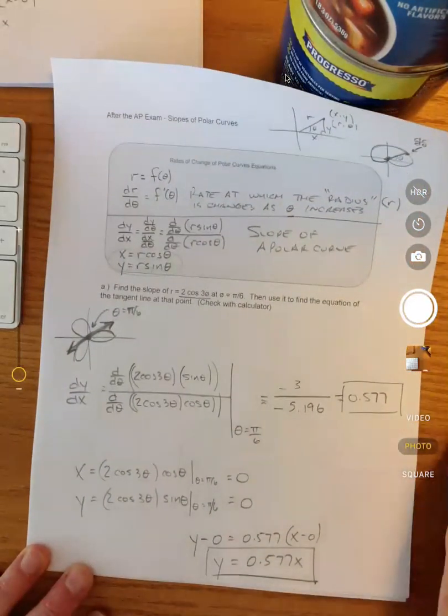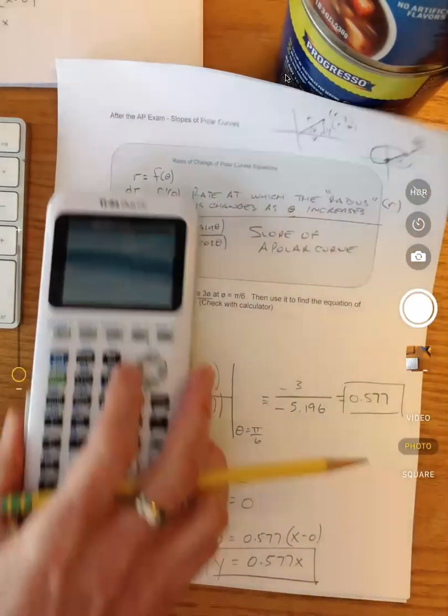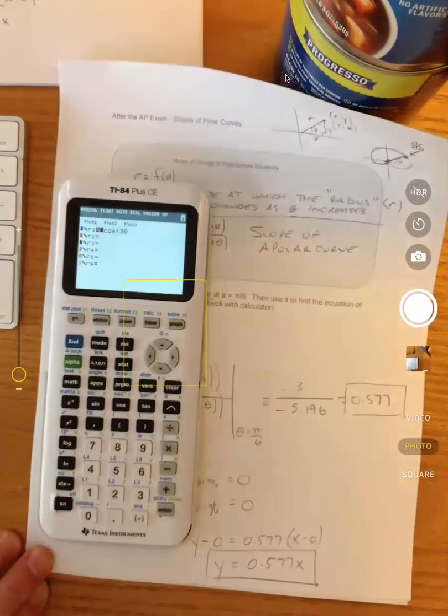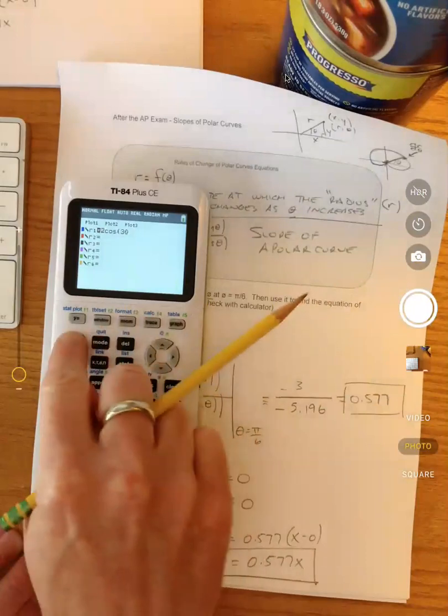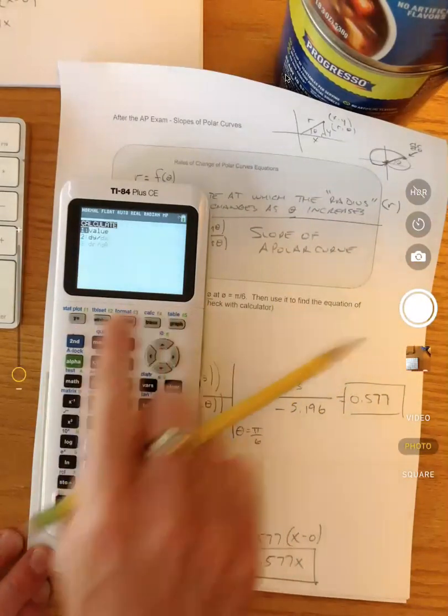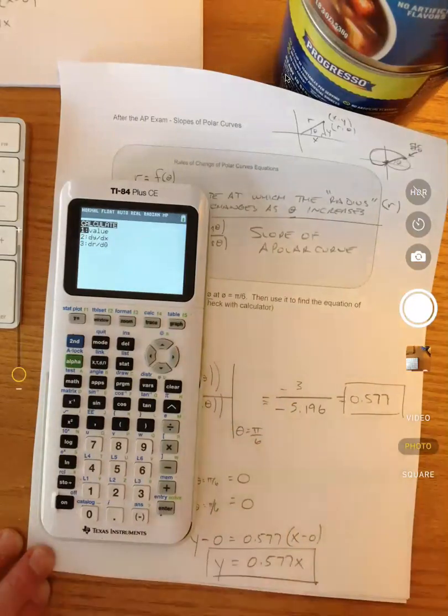Now, remember, way back when, our calculator could do some stuff for us. Let's just take a quick peek here. Remember, my function is in as r in there. And my graph is already there. So if I go to my second calc menu, usually there's a whole bunch of stuff there, but this time there's not.